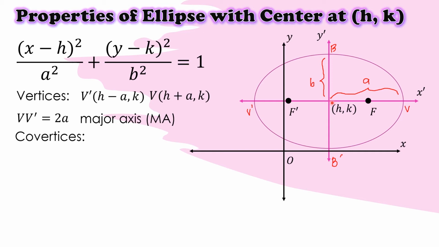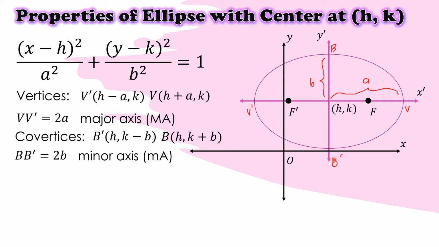The coordinates of the co-vertices of the ellipse will be at (h, k minus b) and (h, k plus b). The distance between the co-vertices is the minor axis of the ellipse, and that is of length 2b. The center is at (h, k).